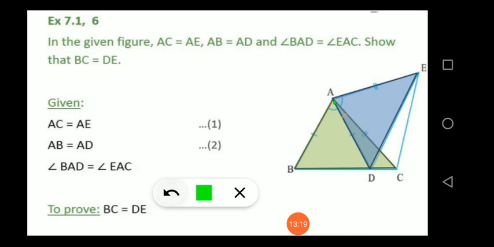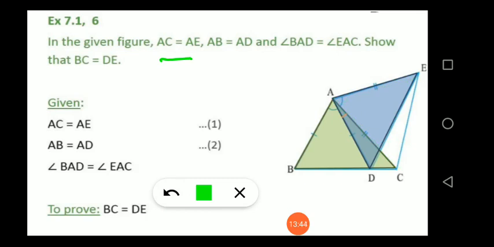Then another thing which is given is AC is equal to AE. So from first triangle we will take AC, and from second triangle we will take AE, and this also becomes equal. So two sides are equal. About the third side we don't know.